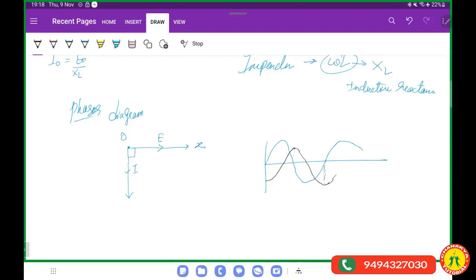So this is your I, this is your E. This is your omega t, and E or I. That will be the peak value of E, and this will be the peak value of I.